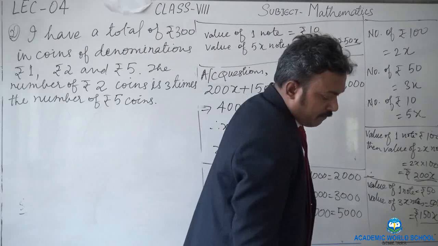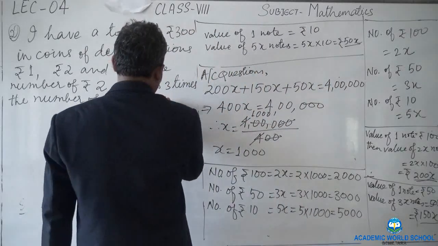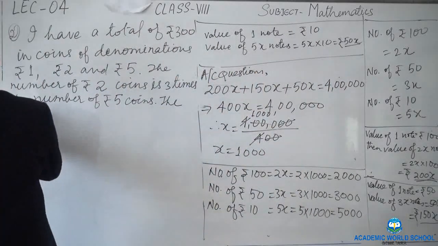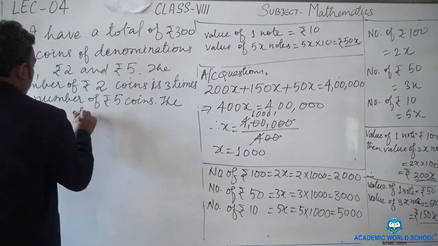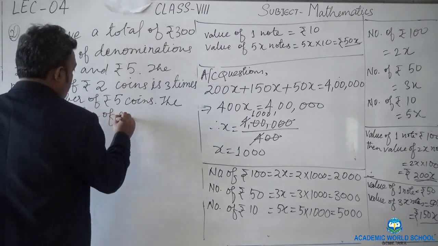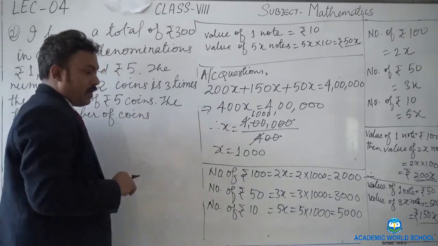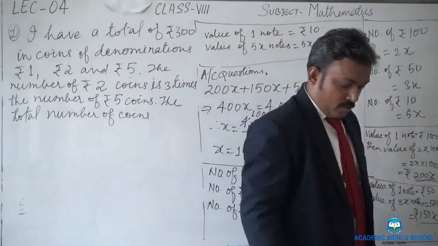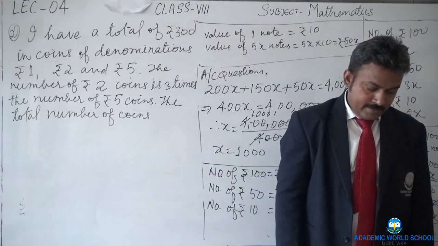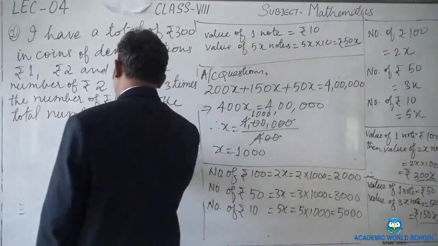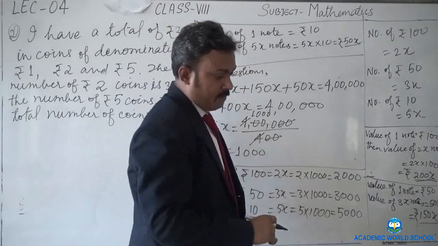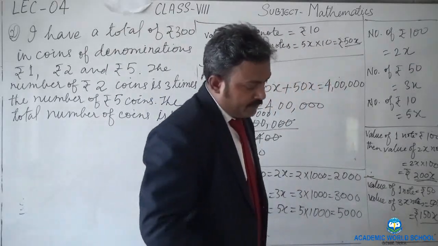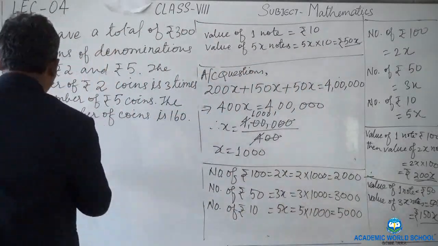The total number of coins is 160. How many coins of each denomination are there with me?